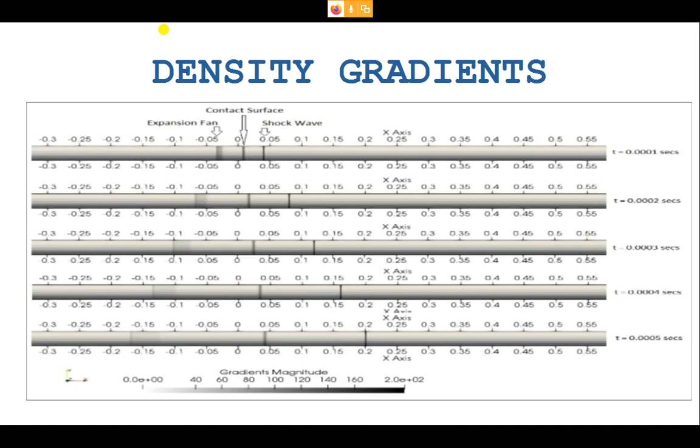Basically I have to correlate this with the story which I invoked earlier: there are people who are in a dilemma. That is what this contact surface is doing. It will be in a dilemma for some time, then when the shock wave is stronger, it tries to move along with the shock wave. This is one particular solution that you can see, which is typically like a numerical Schlieren or shadowgraph, which you can extract from this data, and this will tell you about the shocks and expansion fans.